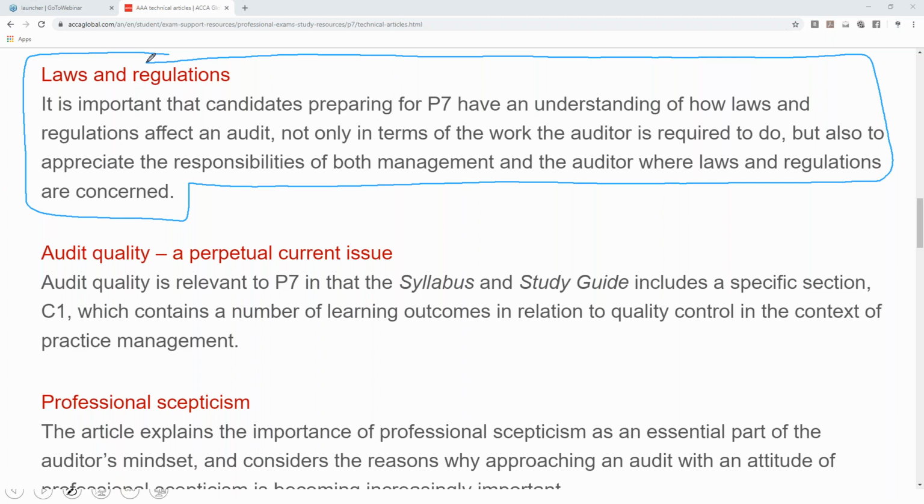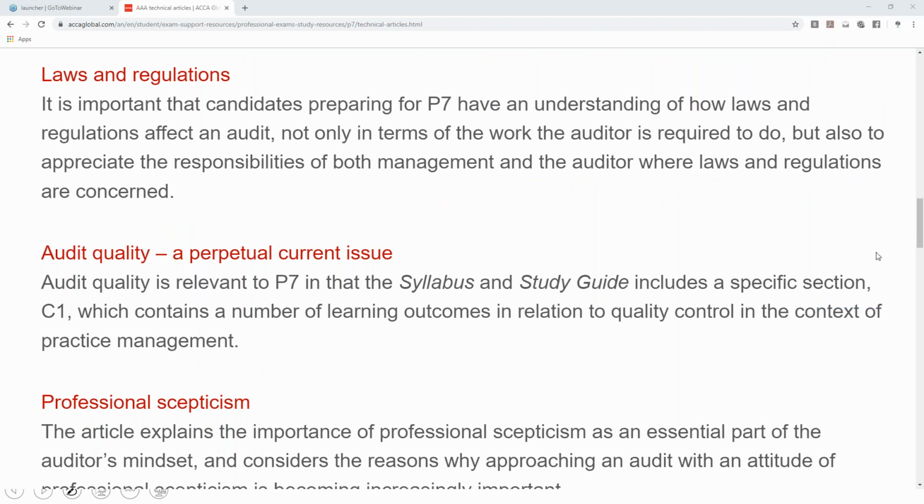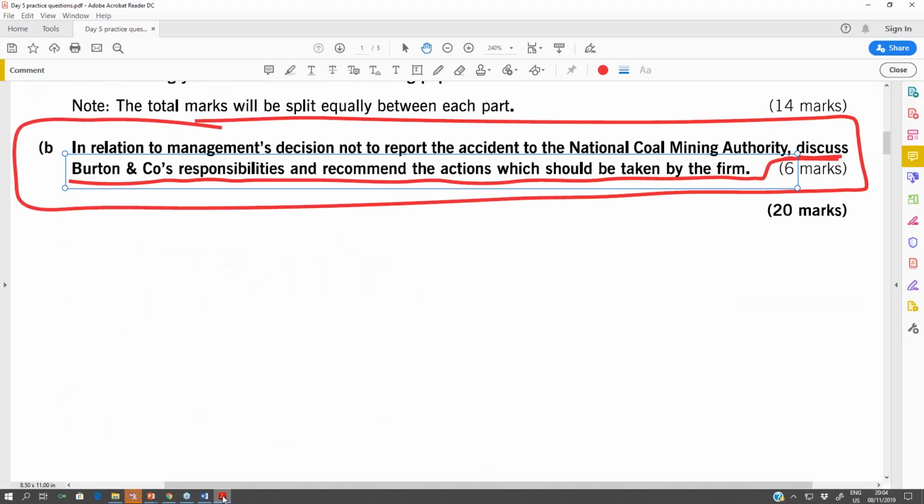So when you read this article, you will get the knowledge about the auditor responsibility, and that knowledge will then help you with the answer of this exam paper. The management and company responsibilities and the actions are coming from the article.